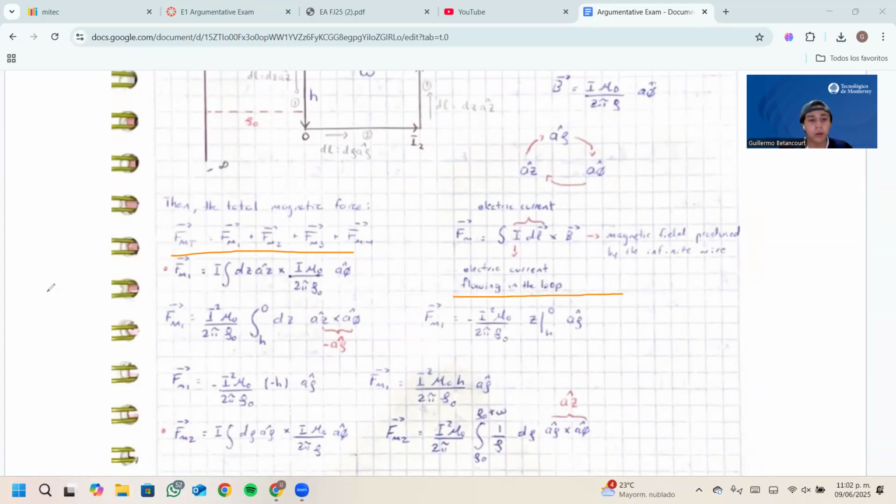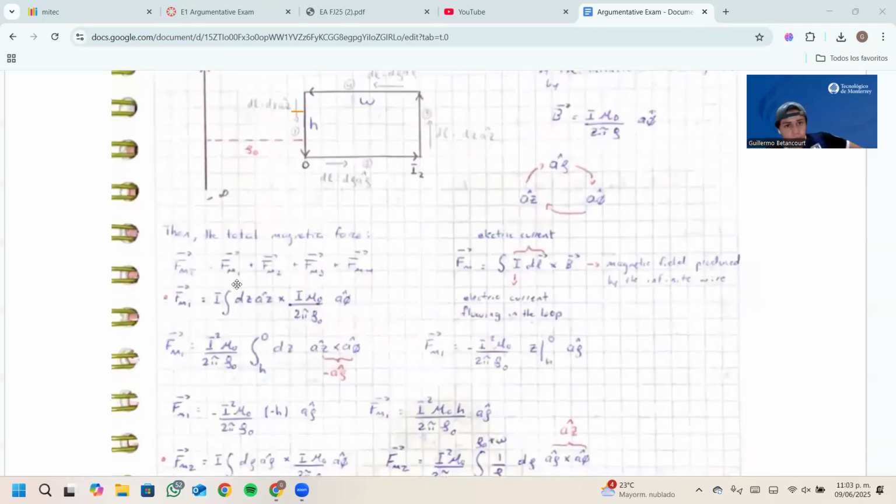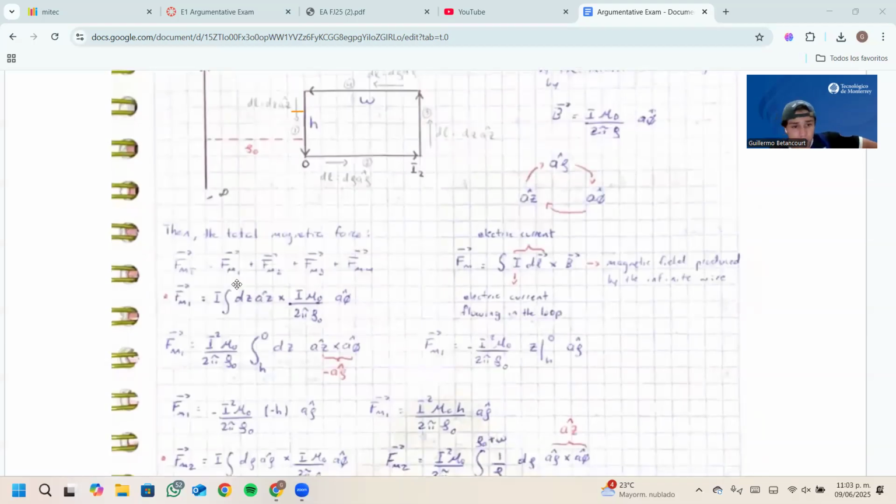So now using these two things, we are going to separate our total magnetic force into four. First, we are going to analyze this, dF1. We know that we have a differential offset. dL is a differential offset, going in the Z direction. And we are going to evaluate this from h, which is in the top, to 0.